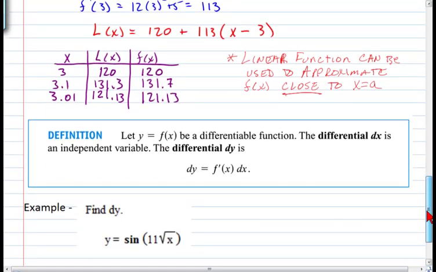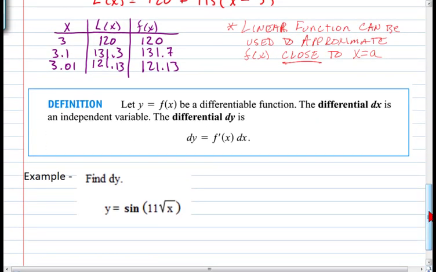All right, so speaking of differentials, let y equal f of x be a differentiable function. The differential dx is an independent variable. The differential dy is dy equals the derivative of f with respect to x times dx. So this kind of makes sense intuitively, because if you have dy dx equals f prime of x, this is Leibniz notation, and here's another notation, f prime of x.